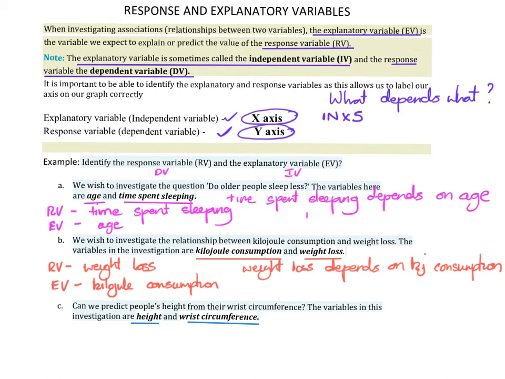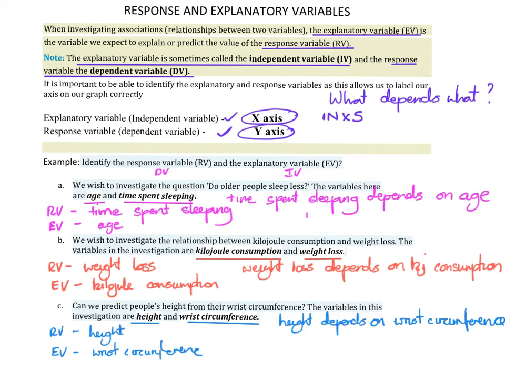Does the height of someone depend on their wrist circumference, or does their wrist circumference depend on their height? Well, in actual fact, their height depends on their wrist circumference. So if the height depends, it is the dependent or the response variable, and therefore wrist circumference is the independent or the explanatory variable.